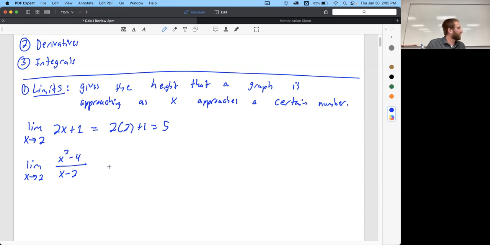However, the numerator also would equal 0, and we get 0 over 0 if you plug it in. That is known as an indeterminate form, which means that there's more that can be done to actually evaluate this limit. In particular, we can factor the numerator. It's a difference of squares, so that's going to be x minus 2 times x plus 2.